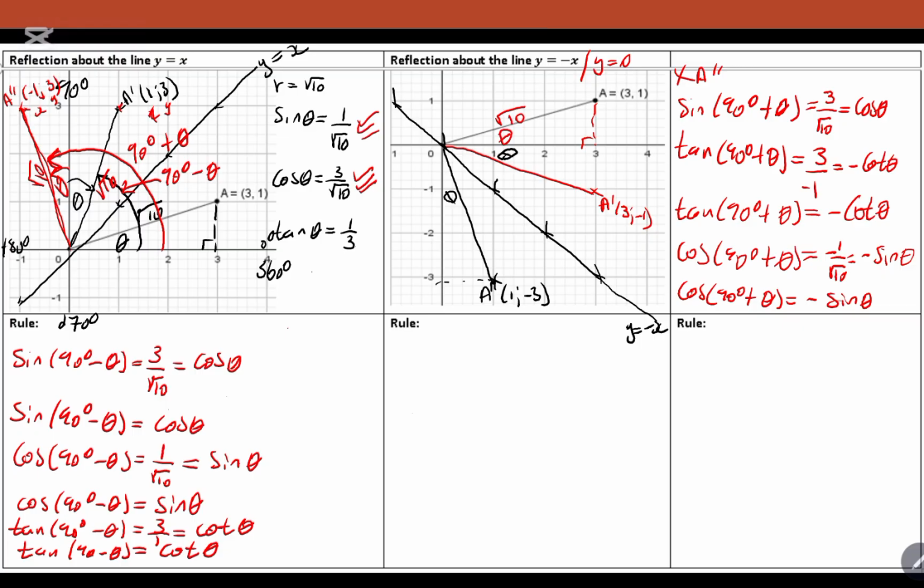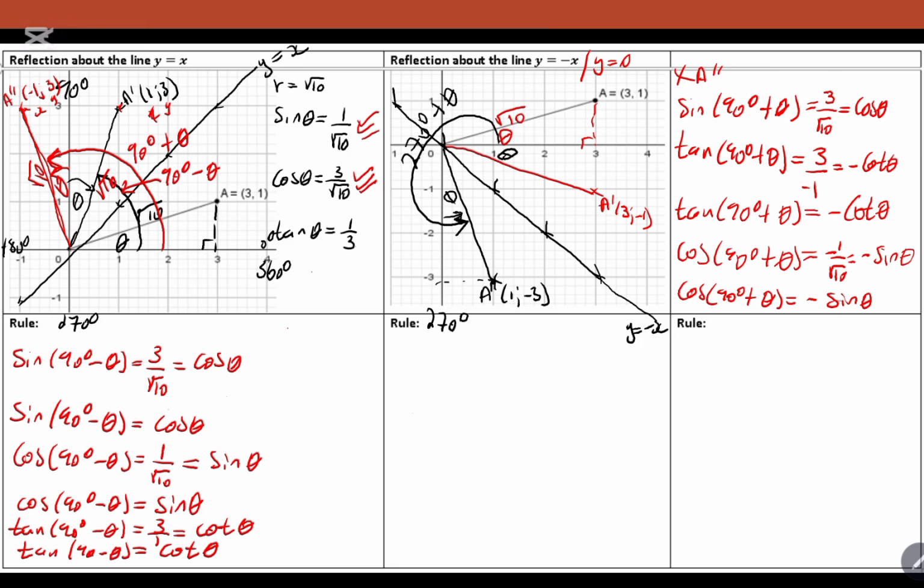Now, this angle here is our theta. But what we know is that this is 270 degrees. Now, how can we get the size of this angle here? So this angle here is 270 degrees plus theta.